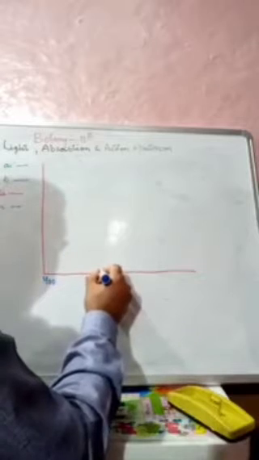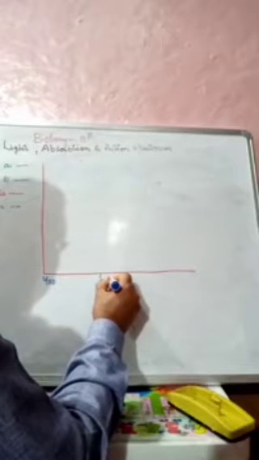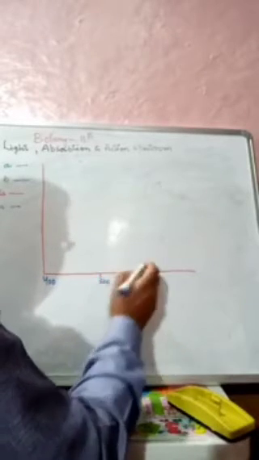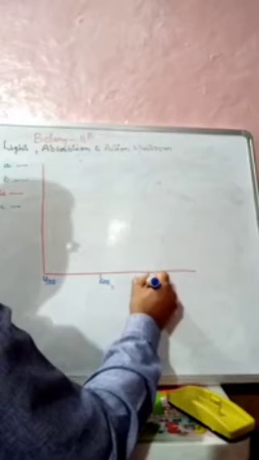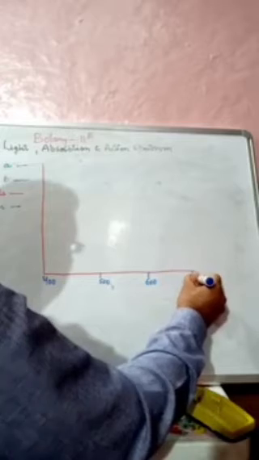Now wavelength, we will start from 400 nanometer. Then this is 500 nanometer, then 600 nanometer, then 700 nanometer.